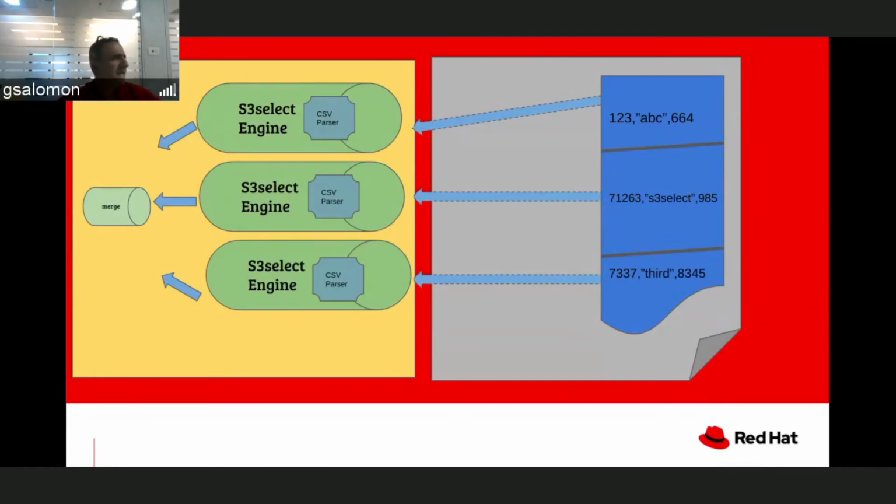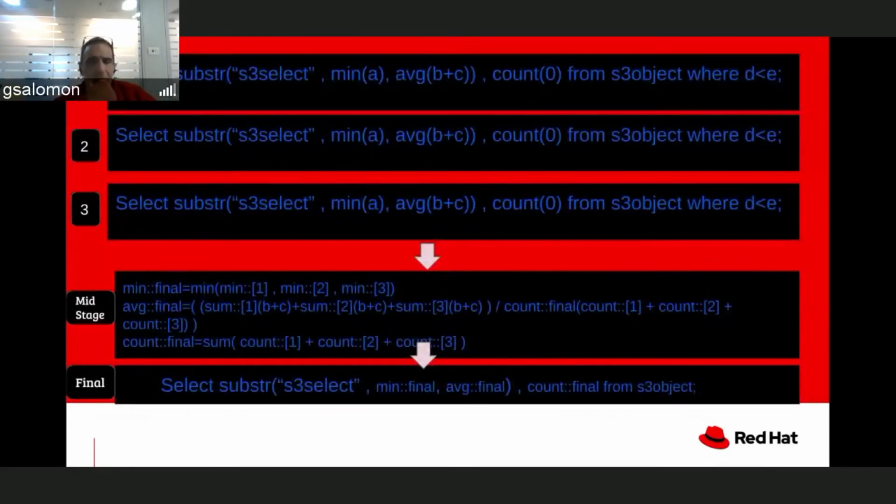Okay, this slide demonstrates how the S3select engine processes an aggregation query in parallel. In this case, there are 3 parallel runs. You can see a select statement that does a substring while using min, max, average and count aggregation functions with some predicate in the WHERE clause.